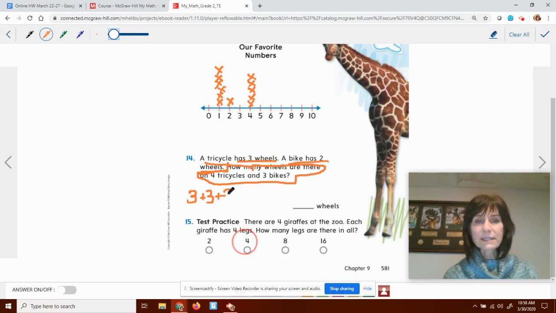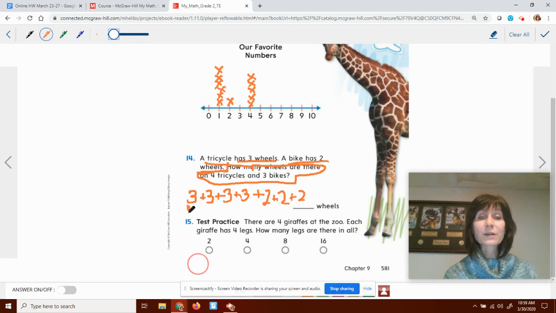My third tricycle. My fourth tricycle. I have 3 bikes. Bikes only have 2. There's 1 bike, 2 bikes, 3 bikes.